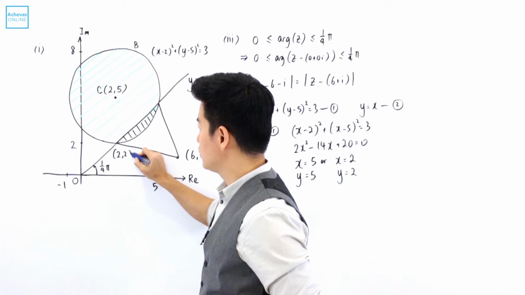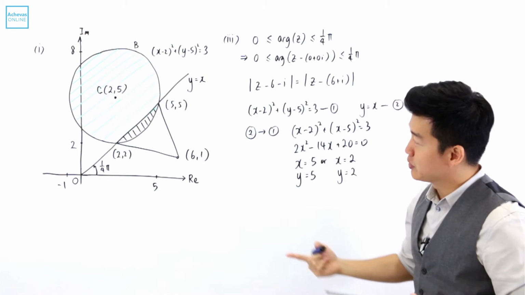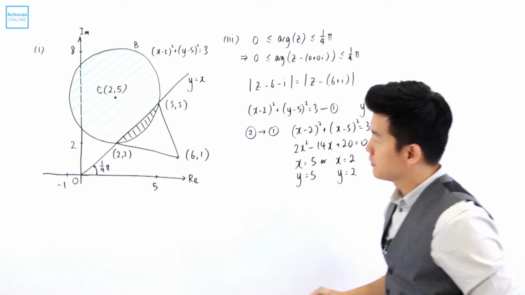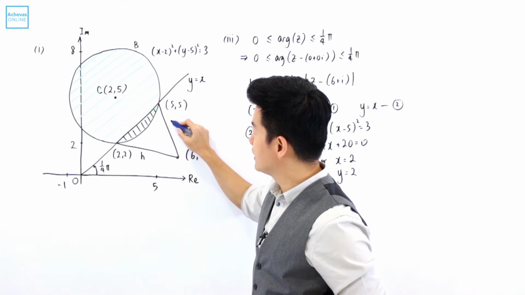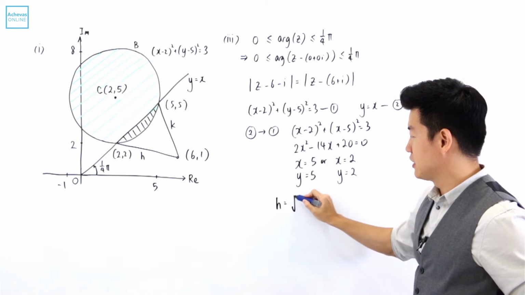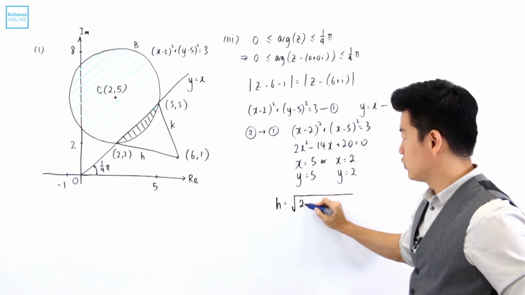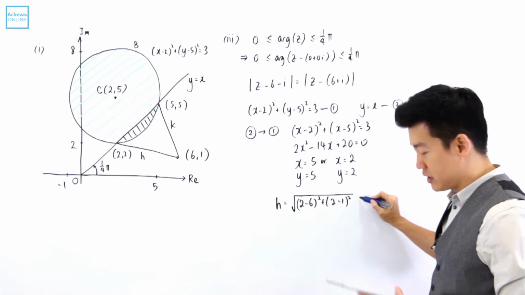So here is 2, 2. Here is, let's say, 5, 5. We just need to find the distances between this and this. Let's say I call this distance here h and I call this distance here k. So h is going to be just square root of 2 minus 6 square plus 2 minus 1 square.